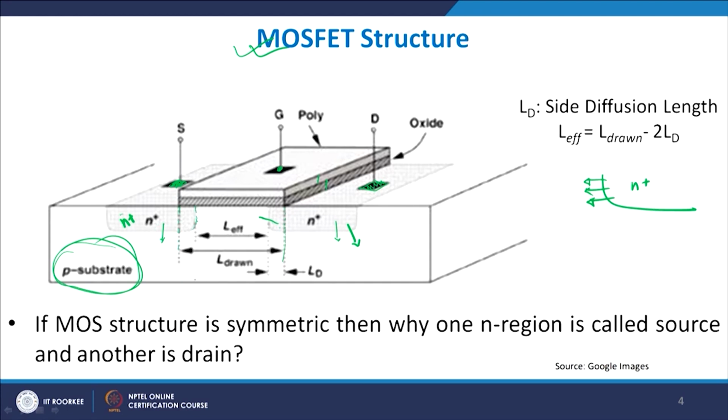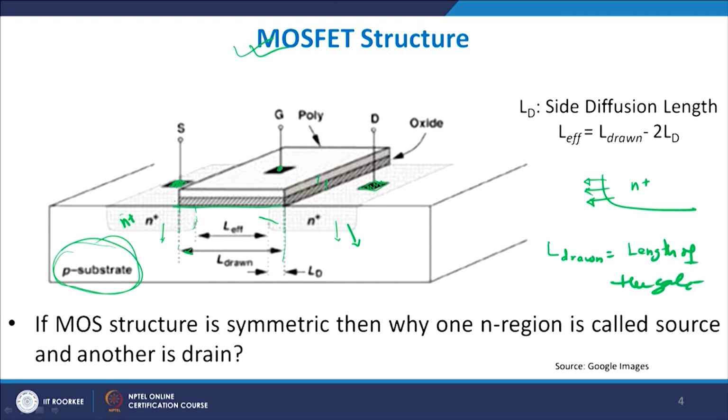So we define two quantities here: the physical drawn length, which is L drawn. Physical drawn length is nothing but the length of the gate. So if the gate length is 20 nanometer, then it is 20 nanometer from this end to this end.